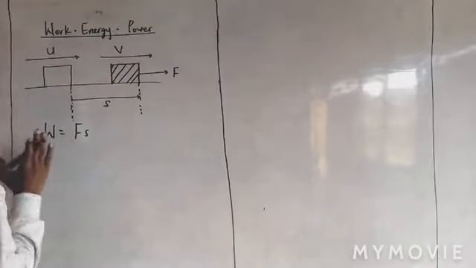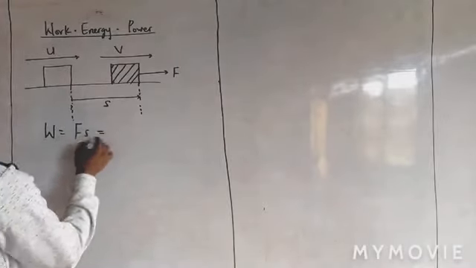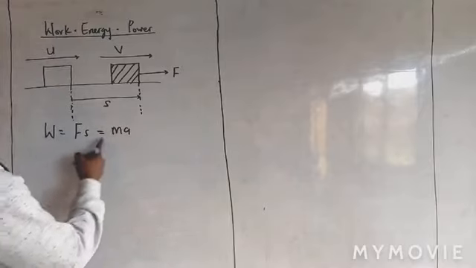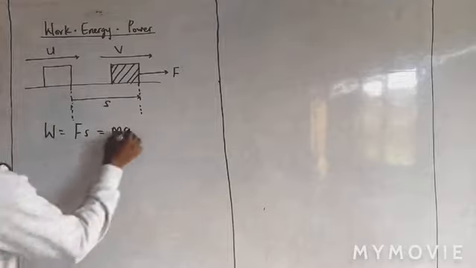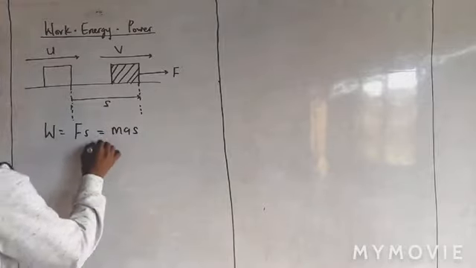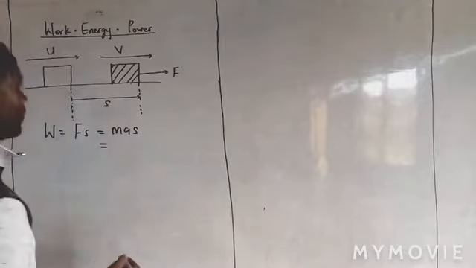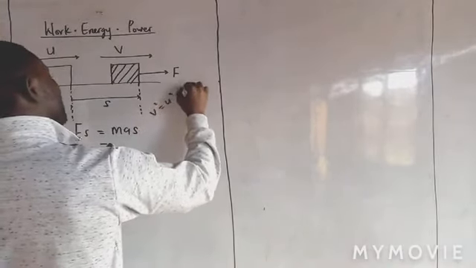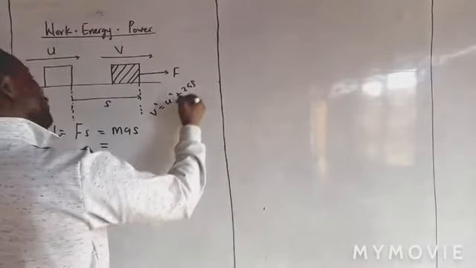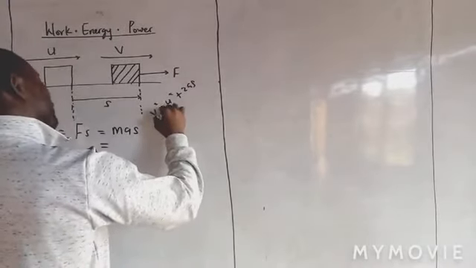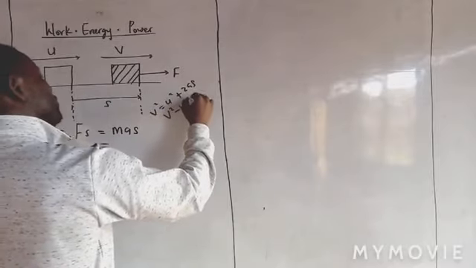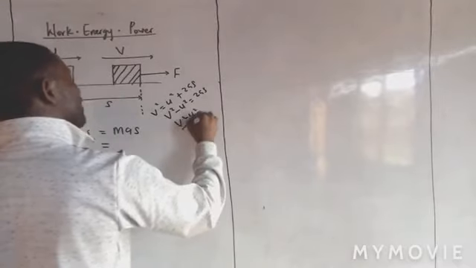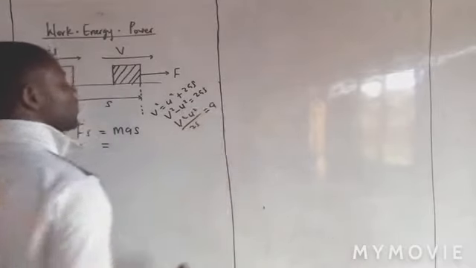Now, Fs. What is force? Mass times acceleration, then multiplied by S. From the equation of motion, v square is equal to u square plus 2as. Let's make a the subject of the formula. v square minus u square is equal to 2as, and v square minus u square over 2s is equal to a.